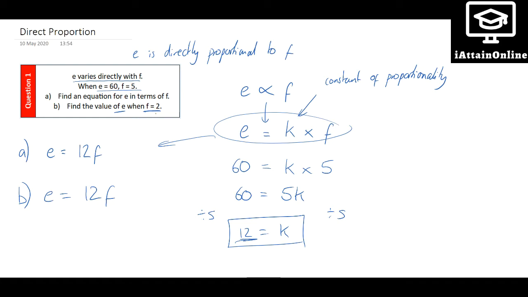When F equals 2, it's the F bit that's going to equal 2. So E is equal to 12 multiplied by whatever F is. We're told in part B that that has to be 2. Therefore E equals 12 times 2, or 24. That's the first example done.